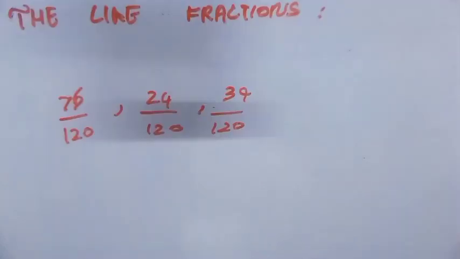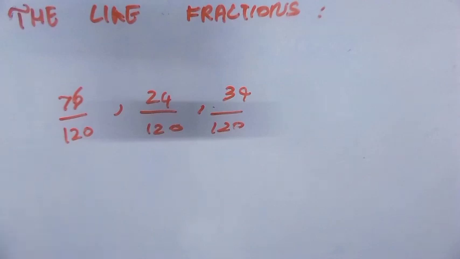Like fractions. As you can see, I have written 3 fractions on the board: 76 by 180, 24 by 180 and 39 by 180. I guess you can spot something. Yes, all the denominators are the same number, 180, 180 and again 180.